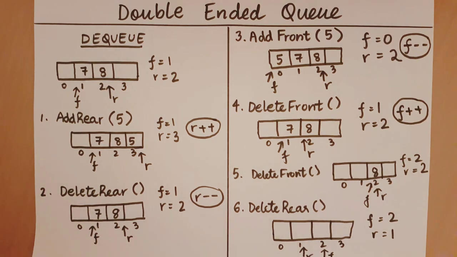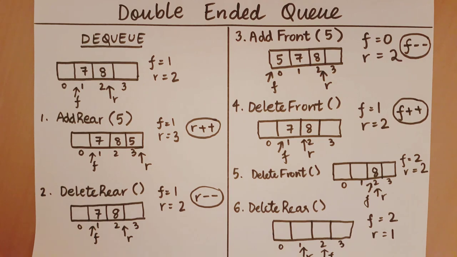Now we don't want a situation where the front is greater than the rear. So whenever we come across a situation like this, which makes the queue empty, we will not keep the front and rear at the values that they are, because we don't want to continue a queue which has the front greater than the rear. So what we are going to do at a stage like this is, essentially the queue is empty, so we are going to reset the front and the rear back to its original values.